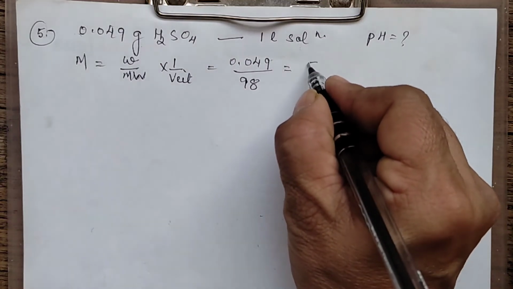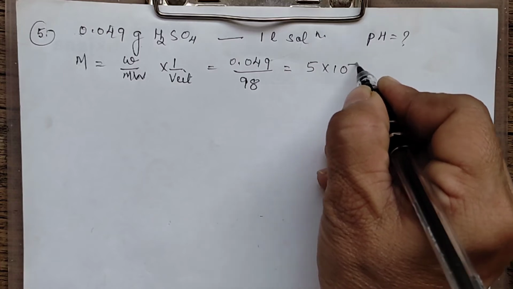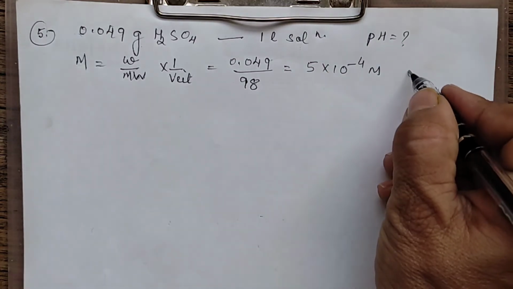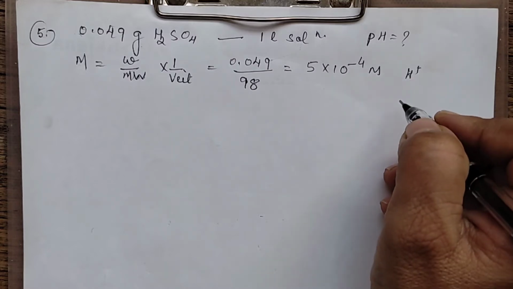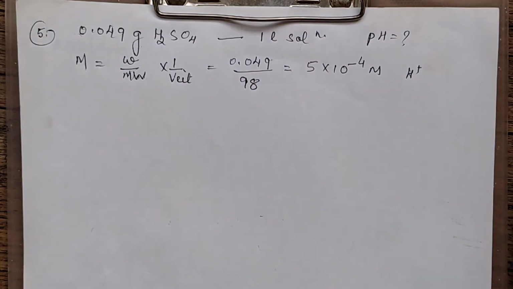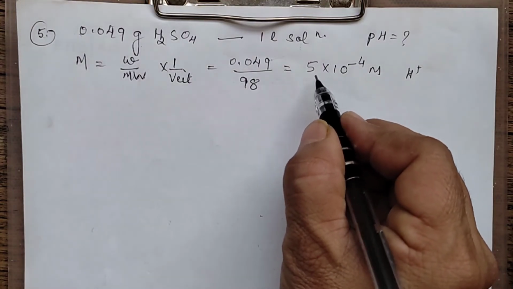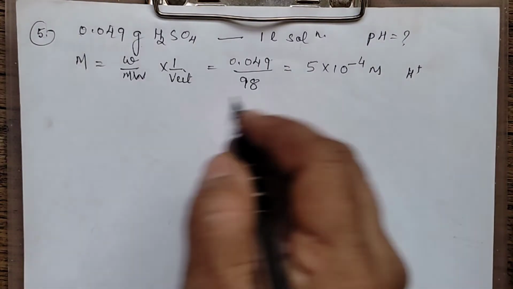You get here 5 into 10 to the power minus 4. This much molar. Now this much molarity is the concentration of 1 H plus ion. Again this is sulfuric acid which is dibasic acid. So this will be giving 2 H plus. So we will be multiplying with 2. Right.